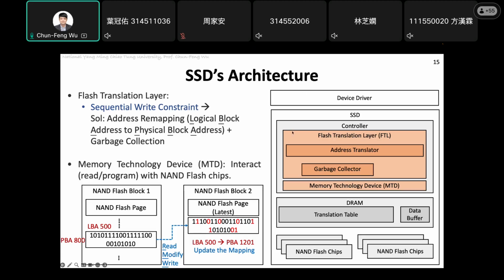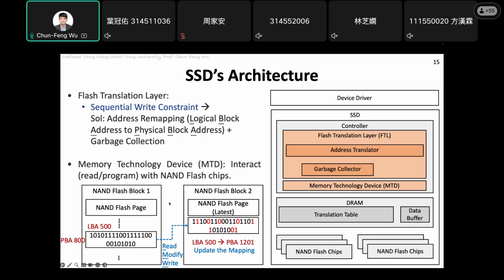No one needs to care, because the controller inside the SSD fixes all of that through address remapping. So address remapping inside the SSD is super important.